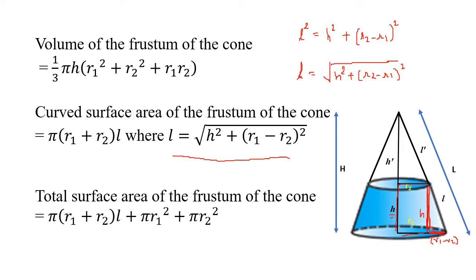Now we'll begin with the volume of the frustum. So how will you find the volume of the frustum? To find the volume of the frustum, you take this bigger cone. You can see this bigger cone whose total height from top to bottom I have called the total height h.